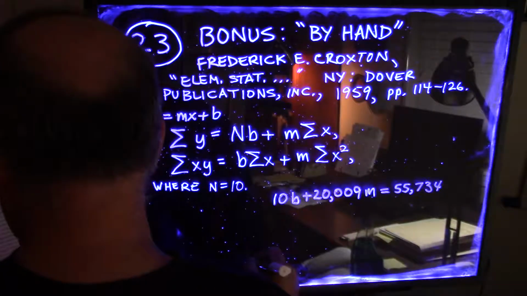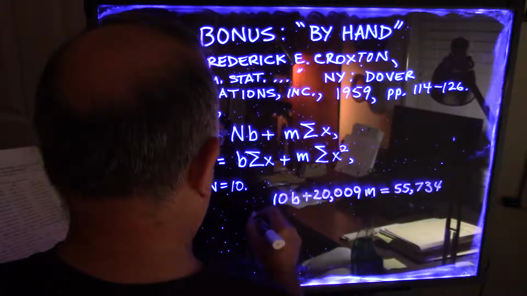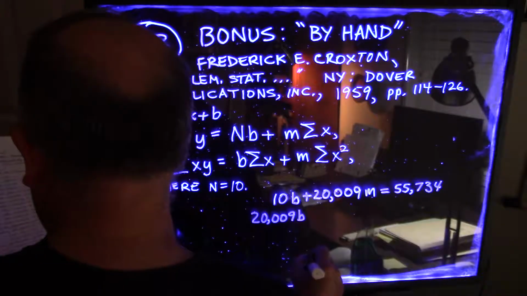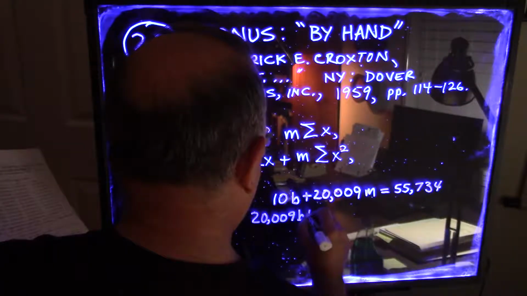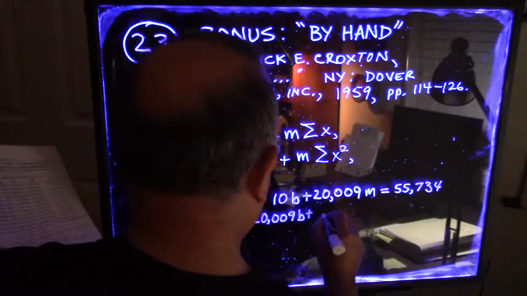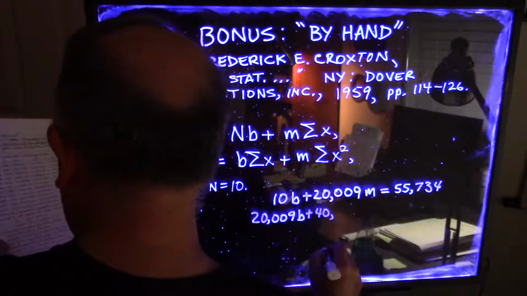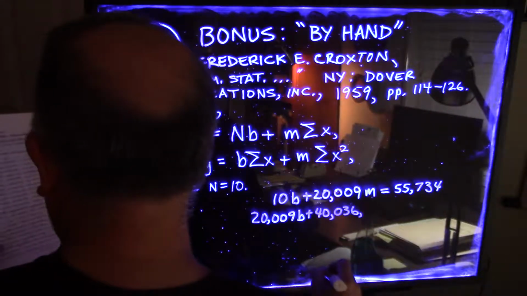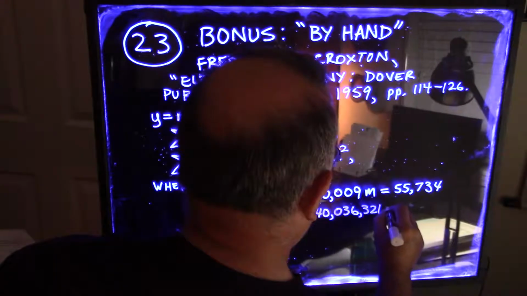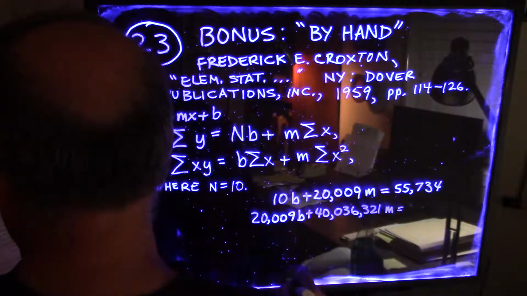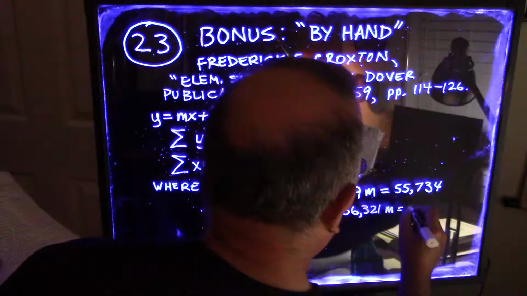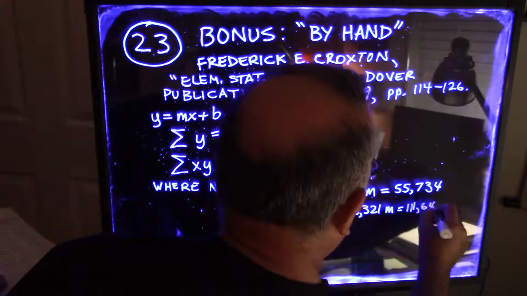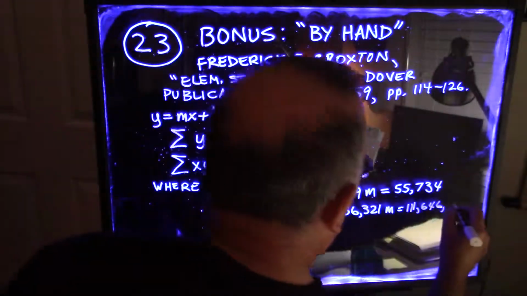And then the second normal equation is 20,009b plus, this is kind of nasty here, 40,036,321m is equal to 111,646,294.